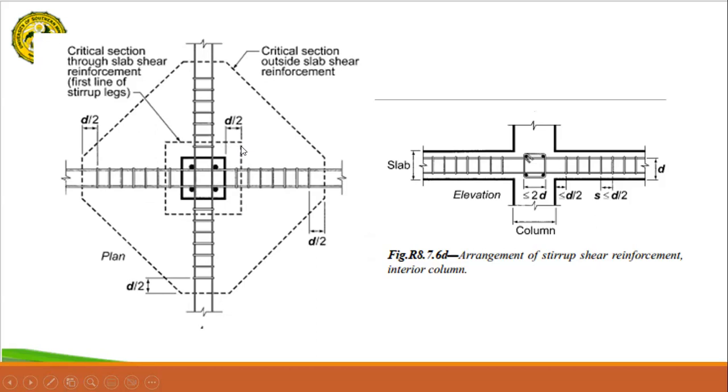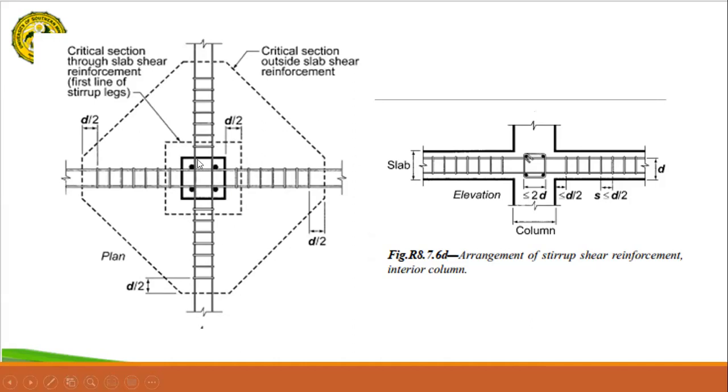So ito yung sinasabi ko kanina doon sa first figure na nakita nyo. Ito yung region for the critical punching shear, no? So it occurs at a distance of d/2 from the face of the support, so sa lahat ng directions or in all the sides of the column.